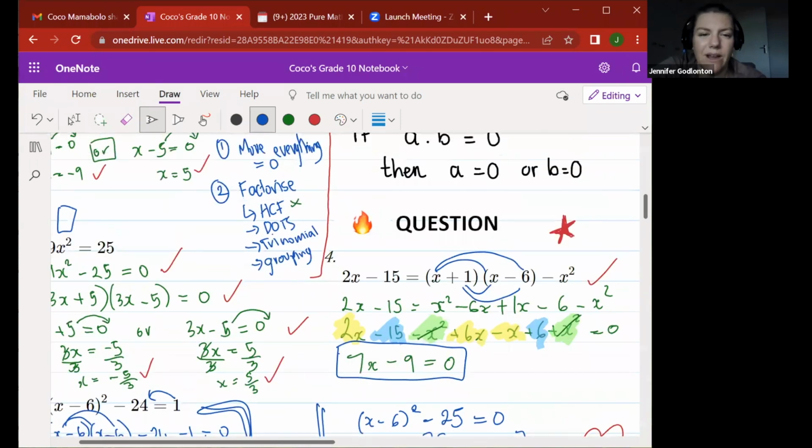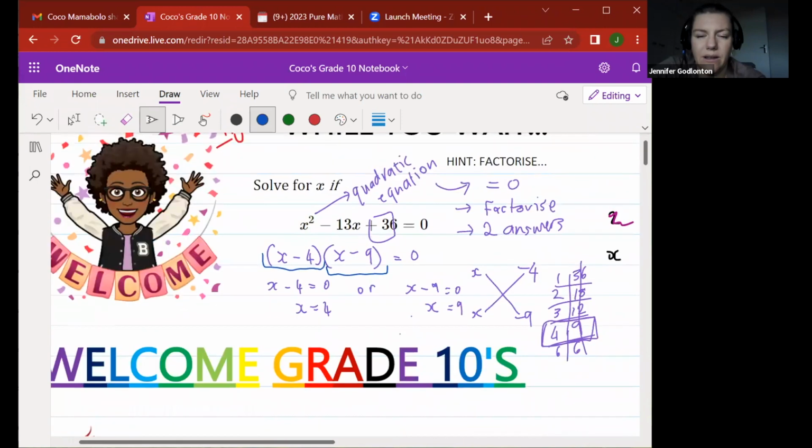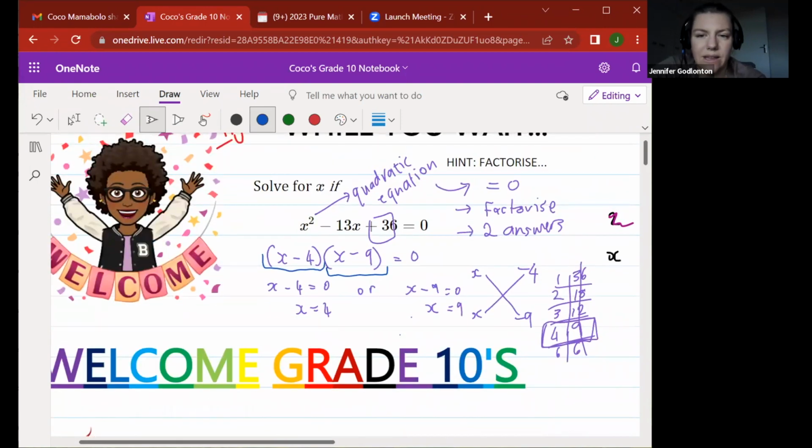Think about our very first example we did today. What was the thing that told us that this was a quadratic equation? Not always when we have 3 terms. Yes, Singa, there we go. When there's an x squared. Okay, that x squared is telling us that it is a quadratic equation.